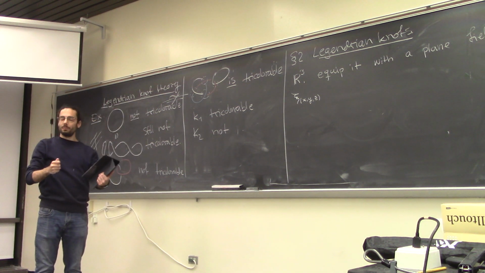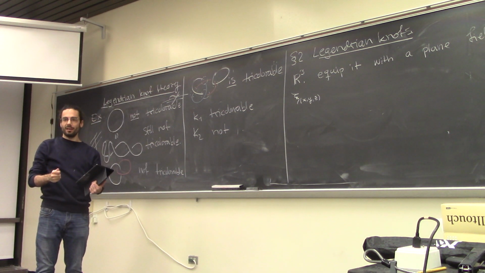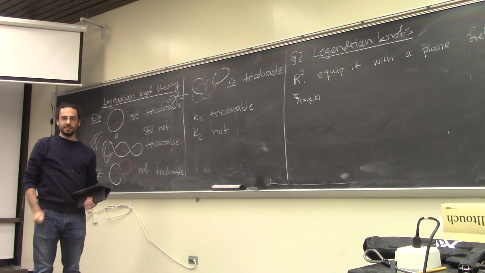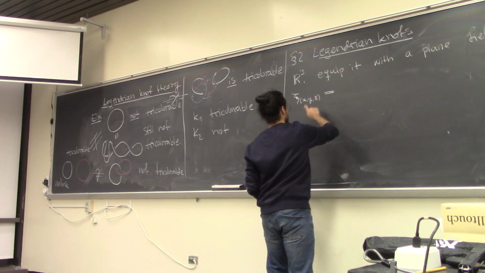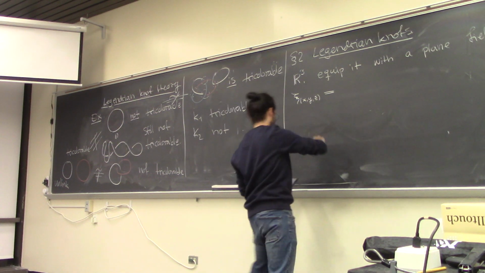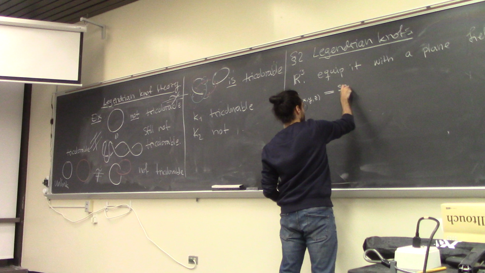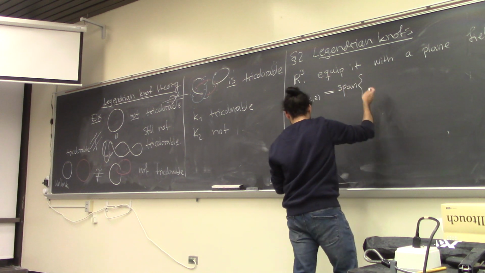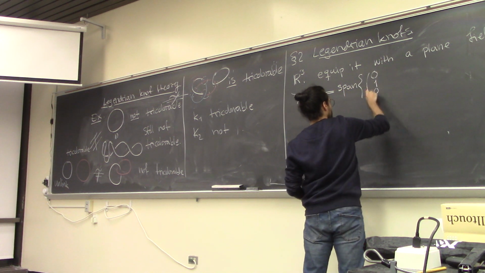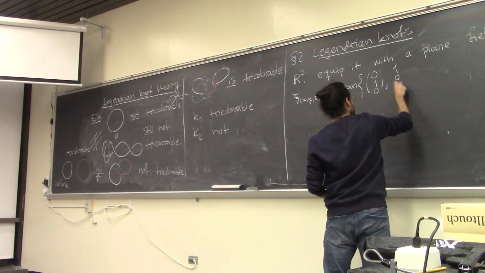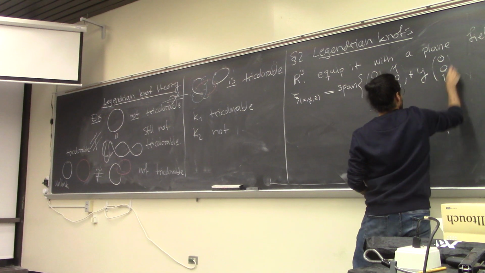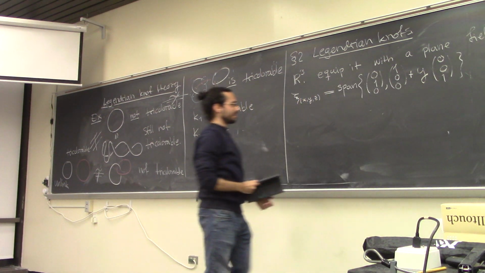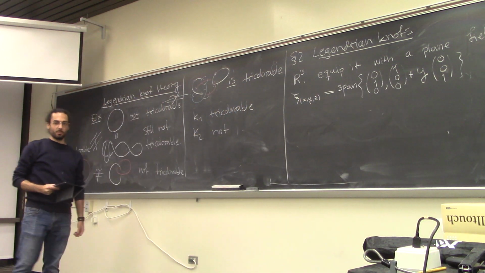We imagine that in three-dimensional space I have a plane, and this plane is different at different points. At the point x, y, z, the plane is the span of these two vectors. So at every point x, y, z, I take the span of these two vectors, and this gives me a plane.